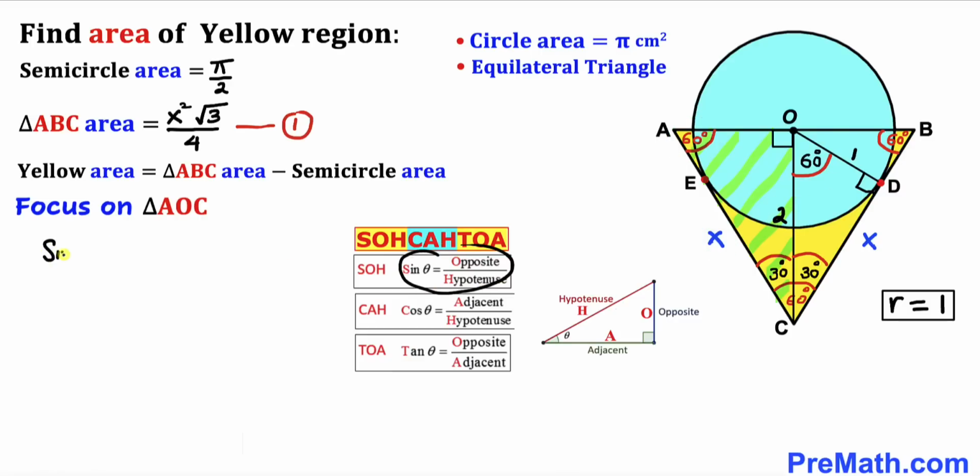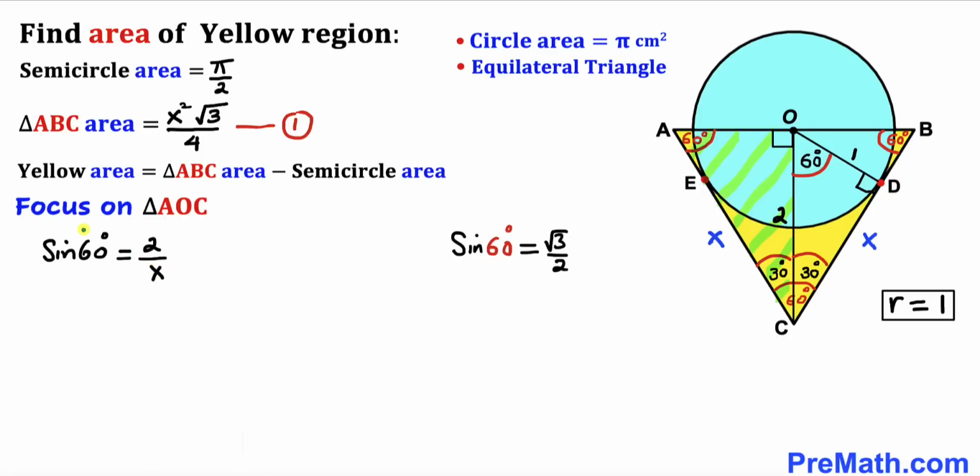So sine of 60 degrees equals opposite side, in our case 2, divided by our hypotenuse, x. And we know that sine of 60 degrees is square root of 3 divided by 2. So therefore our equation is going to look like square root of 3 divided by 2 equals 2 divided by x. Let's go ahead and cross multiply.